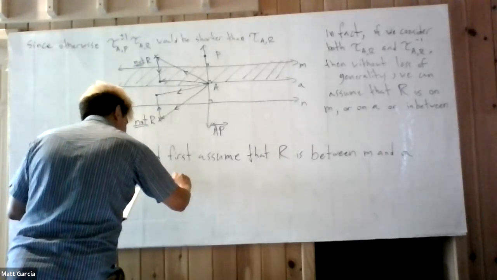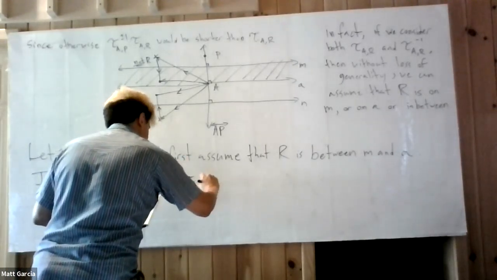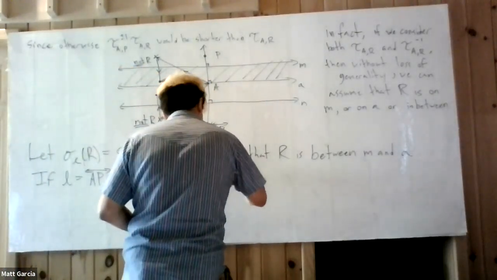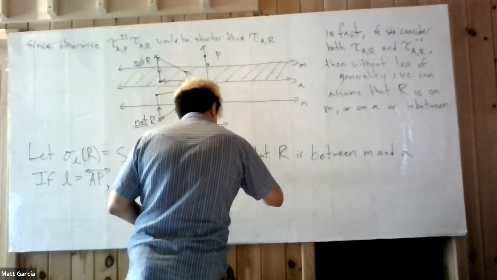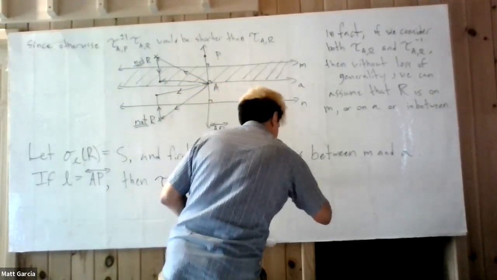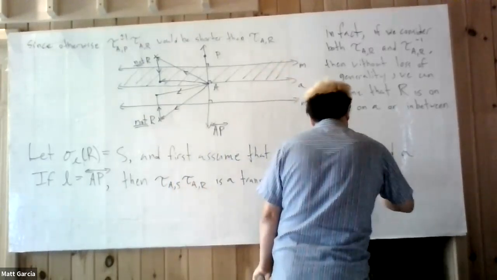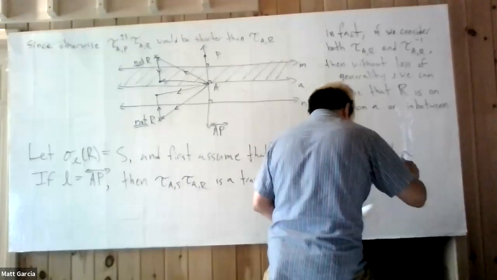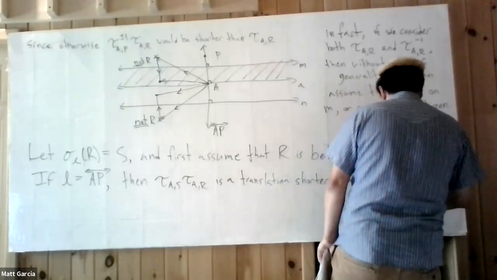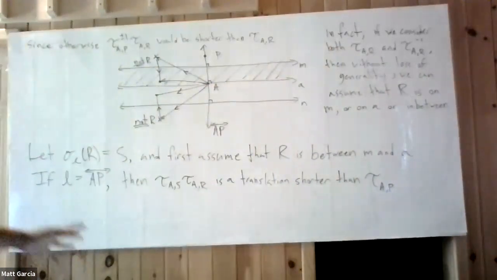Then what do we have? Tau sub A comma S times tau sub A comma R is a translation shorter than tau sub A comma P. Okay, again, this is not easy to see without drawing it out.